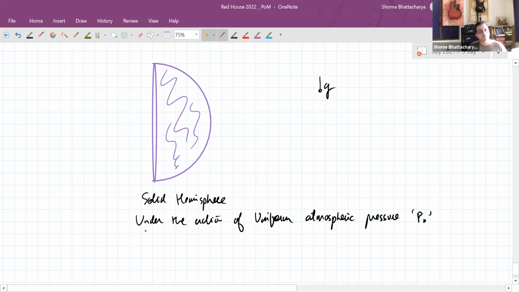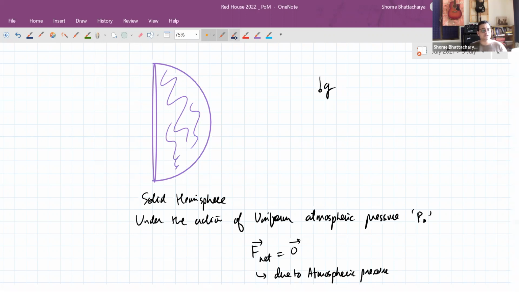So what should be the net force due to atmospheric pressure? How much should this be? Should be zero, right? Because if there's no pressure gradient, there should be nothing like upthrust or no net force due to pressure. So this should be zero.